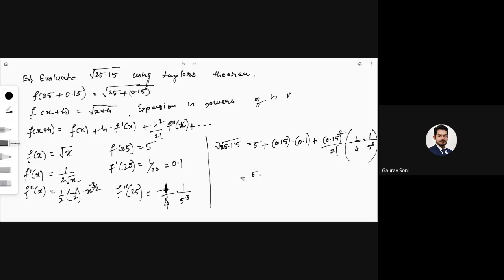That is 5 plus 0.015. This will be minus 4 into 2, 8, 8 into... so 0.015 square upon 8 into 5 cube, which is 125.